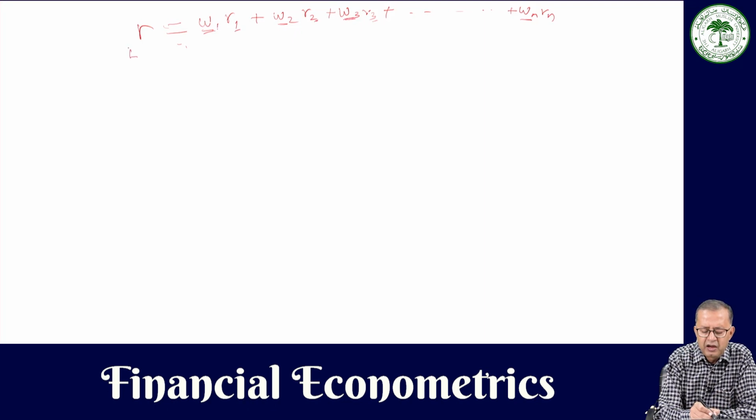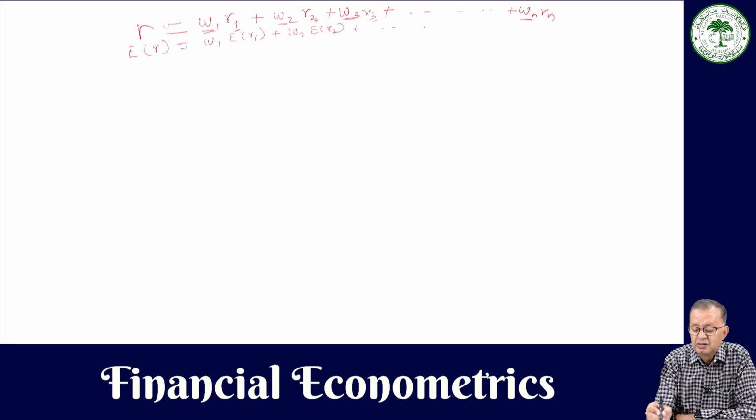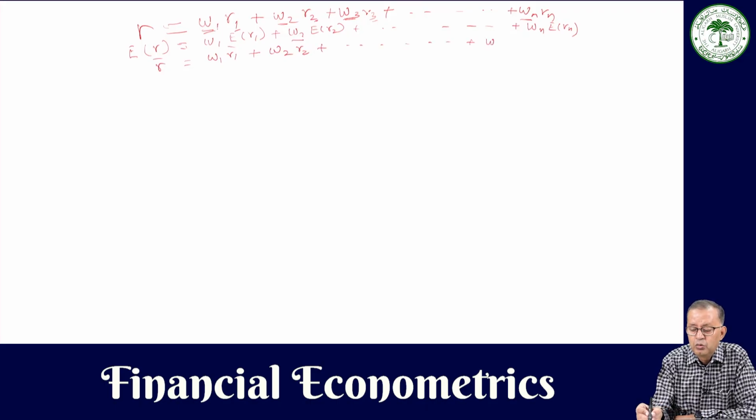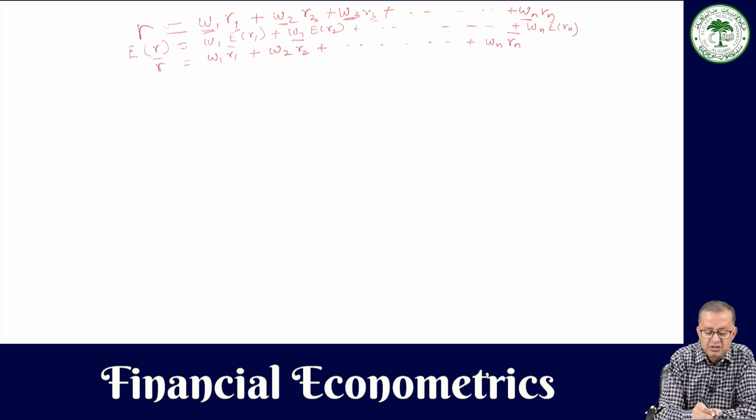The mean value of R was the average return on the portfolio, calculated as W1 ER1 plus W2 ER2 plus ... plus Wn ERn, or we can write it as W1 R1 bar plus W2 R2 bar plus ... plus Wn Rn bar.